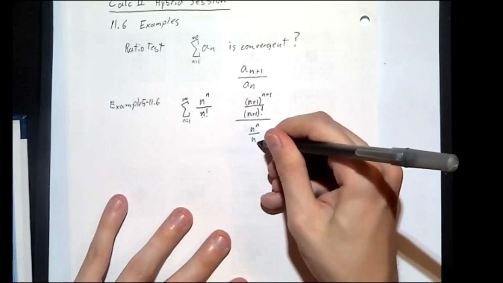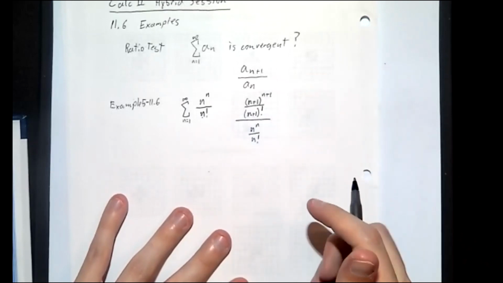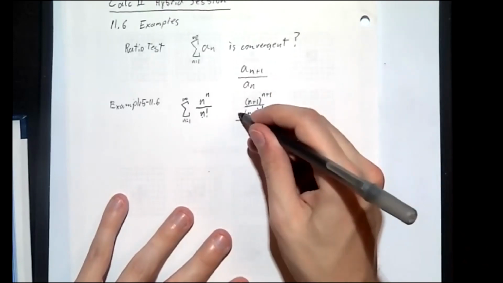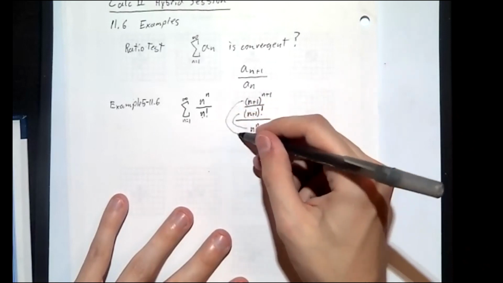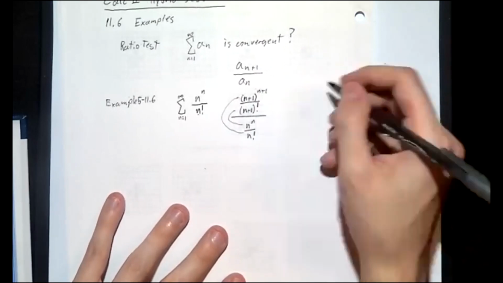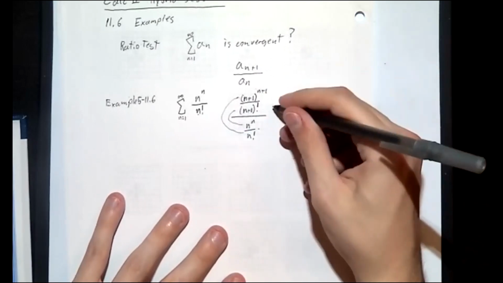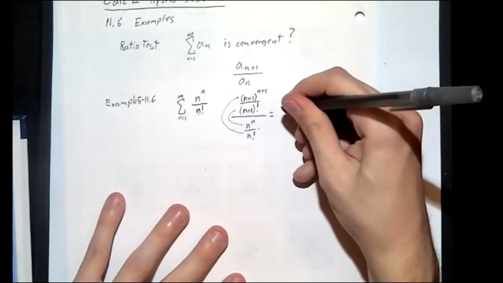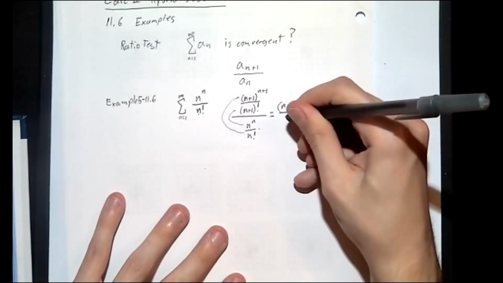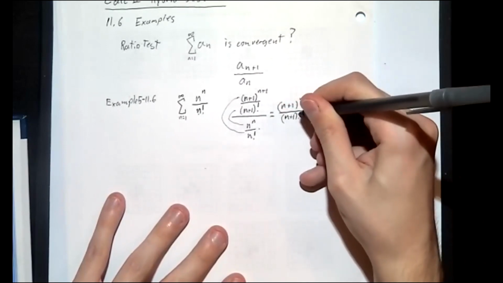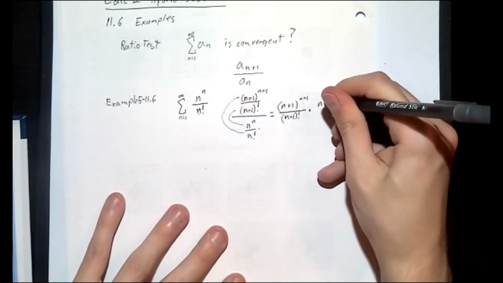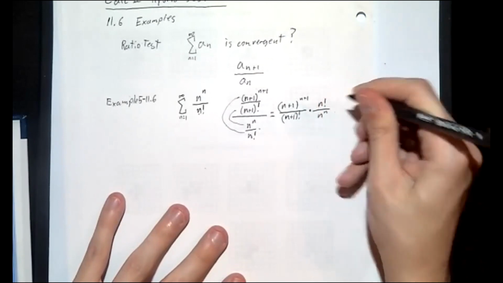So I like to write my fractions on top of each other. I don't blame other people for not liking that. You can either multiply these together, which is the method that I was taught when I was younger for fractions, but another method would be moving this up top, so we have n plus 1 to the n plus 1 over n plus 1 factorial times, and now we flip this, so it's n factorial over n to the n.